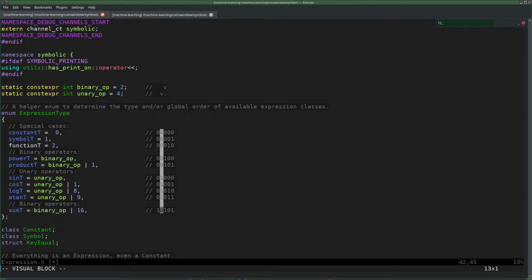Okay. And this one is not set because it must be larger than everything else, so it might as well be 0 then. 1, 2, 4, 8, 16. Okay. And unary up is 4.